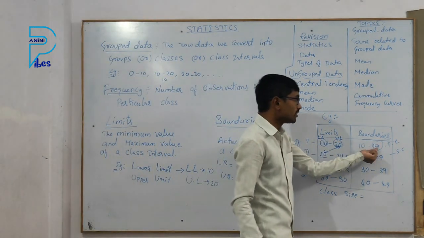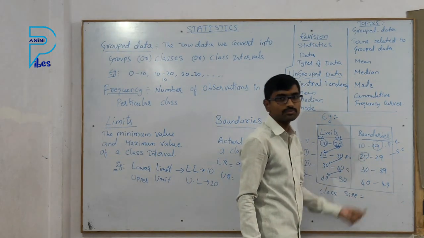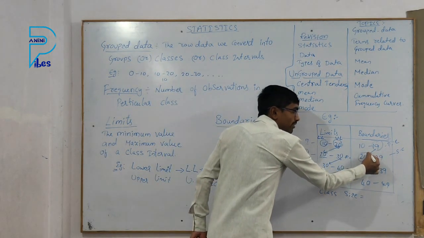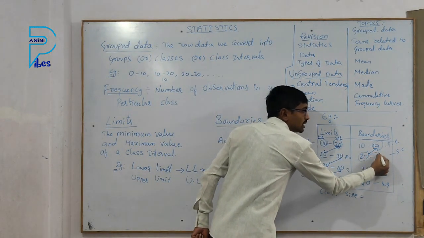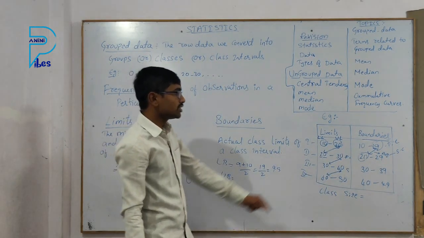To make the maximum value of the preceding class interval and the minimum value of the succeeding class interval the same, what we are doing is finding the average of these both.